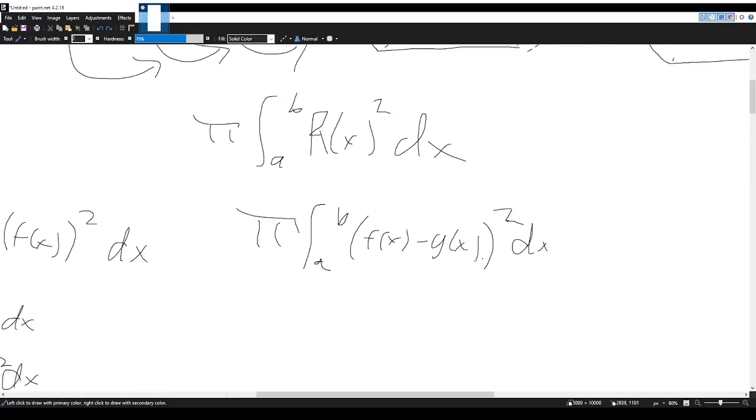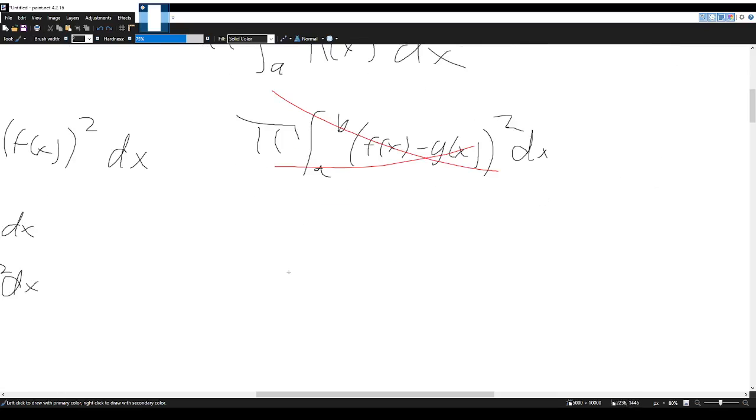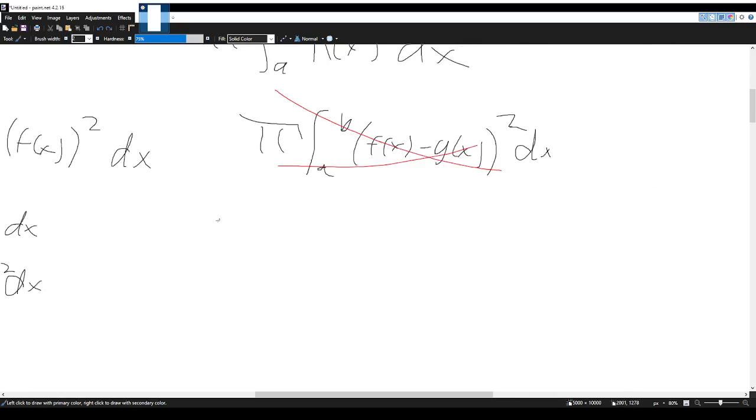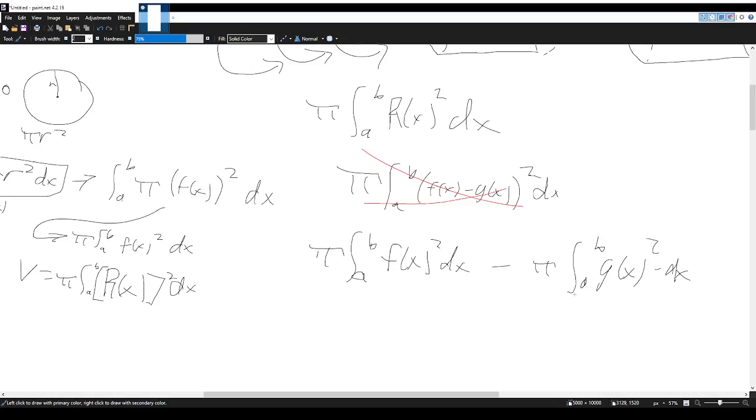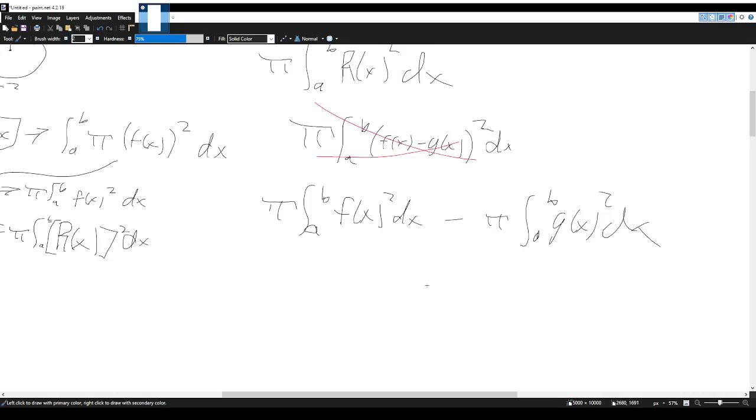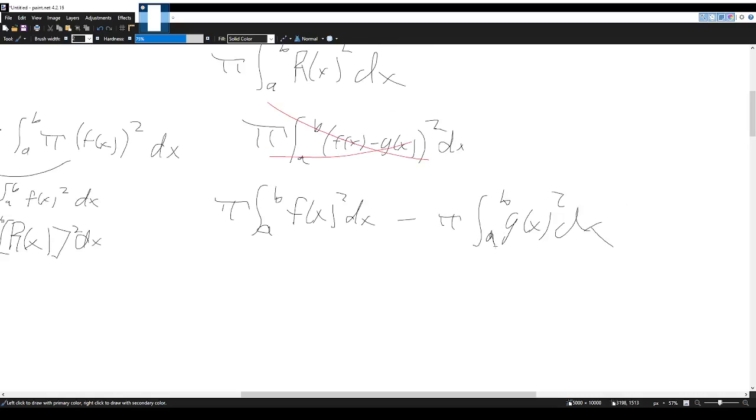So instead of this, I'm going to put this in red. Instead of this, we can think about it as pi integral from a to b of f of x squared dx minus pi integral a to b of g of x squared dx. Okay, and so now you can rearrange this a little bit to make it look better.